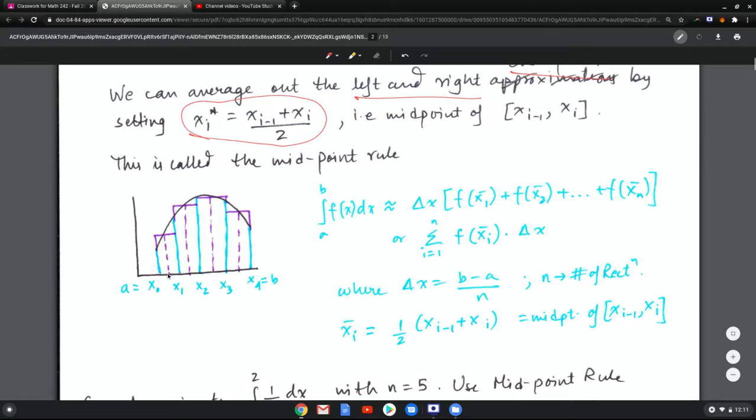If you have 4 rectangles, then the function value at the midpoint becomes the height of the rectangle. Explicitly, that would be delta x, which is still b minus a over n, times f of x1 bar plus f of x2 bar up to f of xn bar, depending on the value of n, where xi bar is just the average.